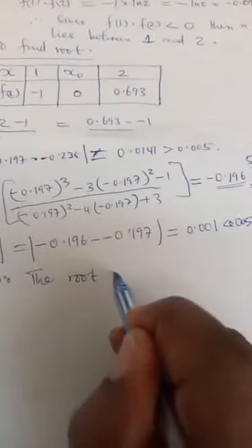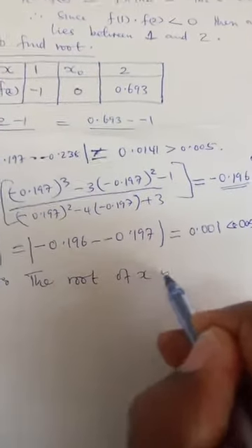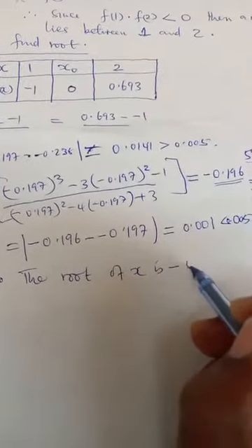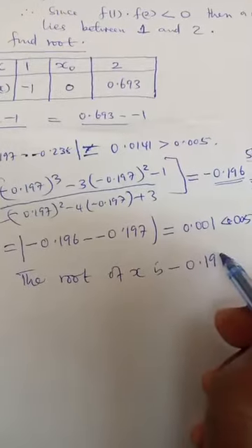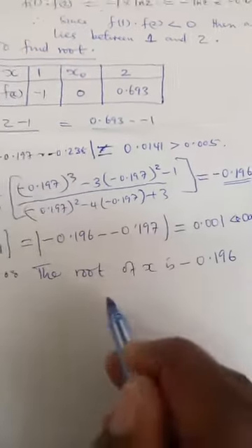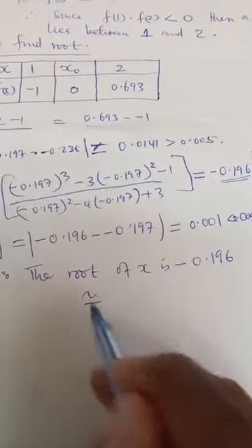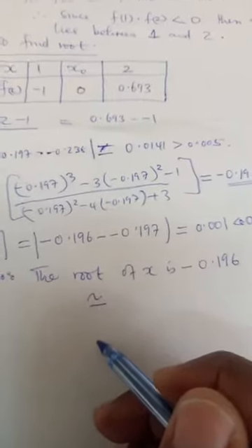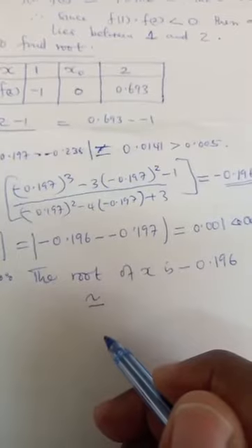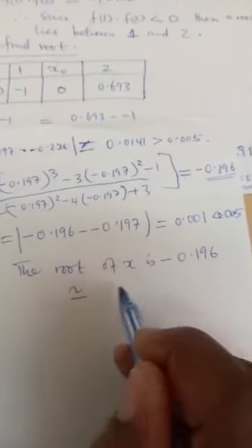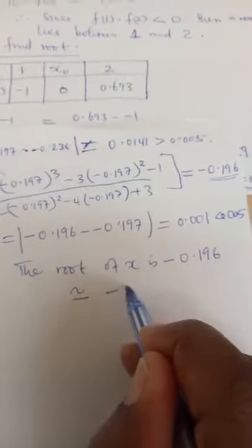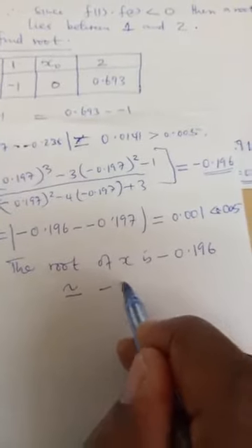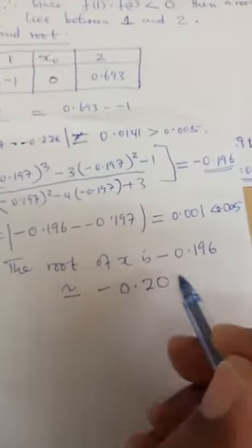The root of x is now negative 0.196, which, because they conditioned us to find it to 2 decimal places, is going to give us negative 0.20.